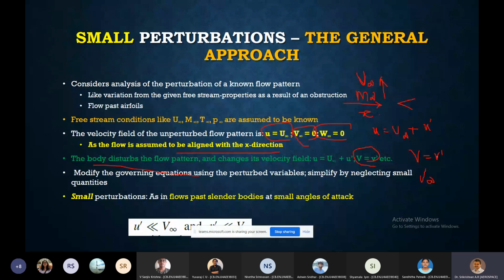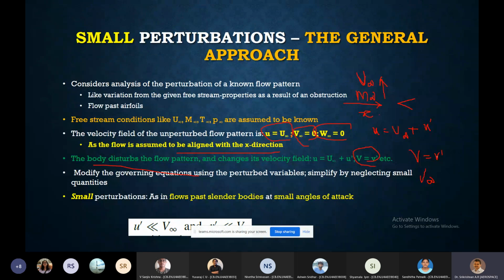So we are just considering the disturbance to the velocity component. We are going to see whether we can rewrite the governing equations using the perturbations, that is, using the disturbances to the velocity field.